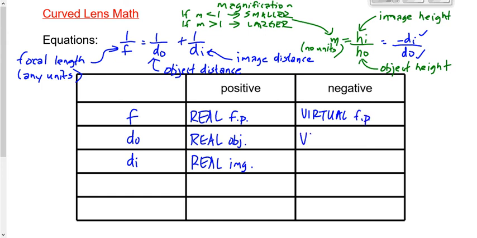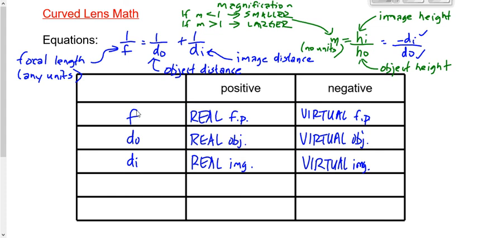If we have a virtual object, then DO will be negative. And if we have a virtual image, then the image distance will be negative. We can clarify this a little bit.